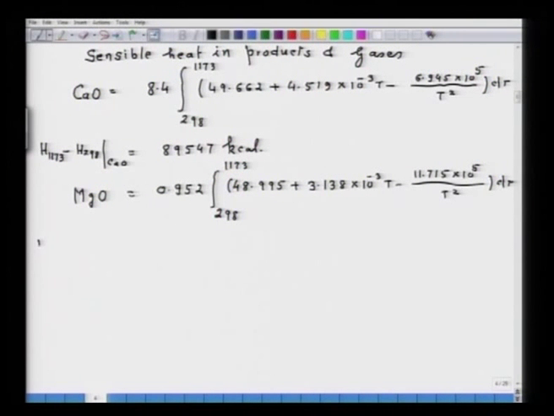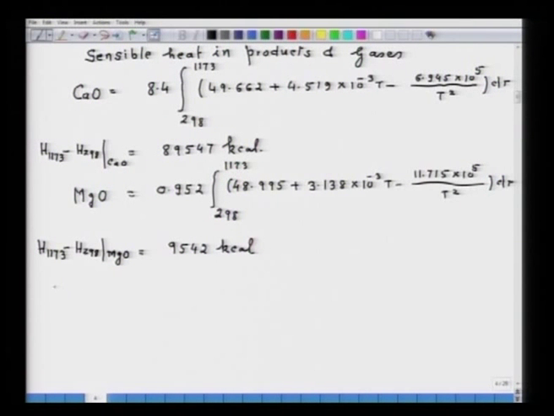So, I get H 1173 minus H 298 for MgO, that will be equal to 9542 kilocalorie.